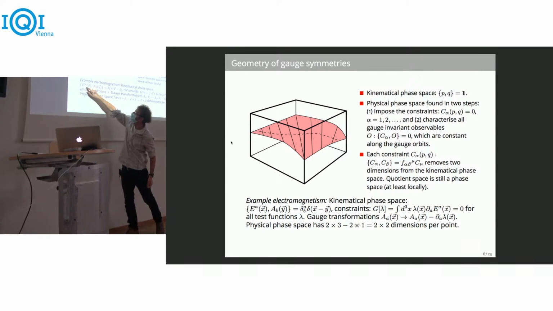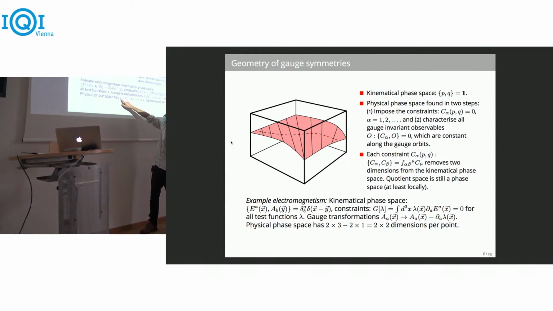So these vector fields have 3 components each, minus 2 dimensions corresponding to this one constraint. And this gives 2 times 2 physical dimensions per point, which are the 2 phase space degrees of freedom for the photon field, the 2 polarizations of the photon.